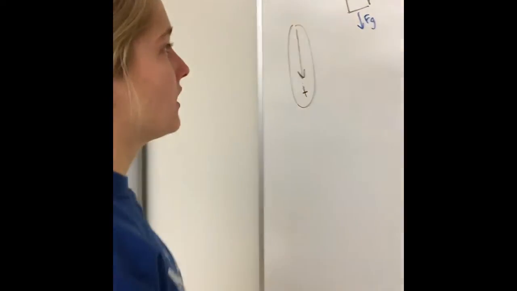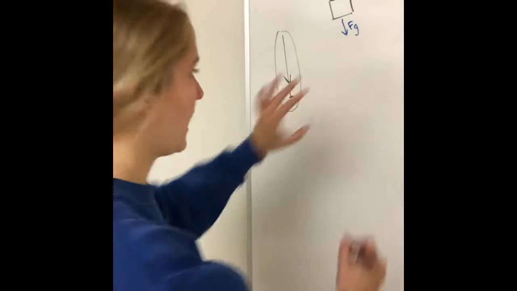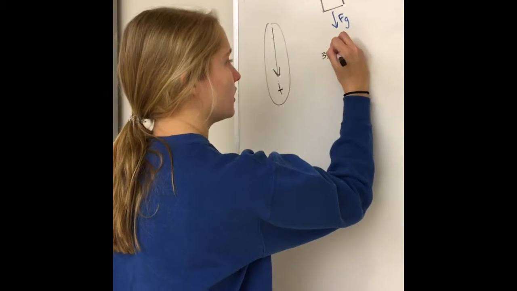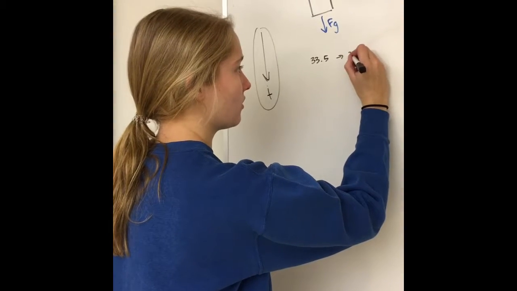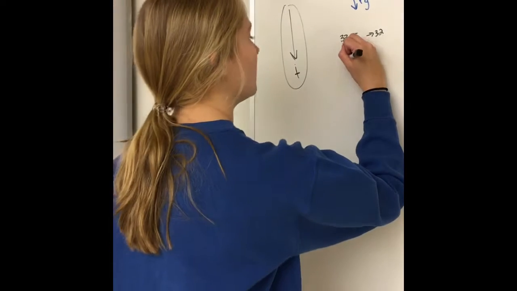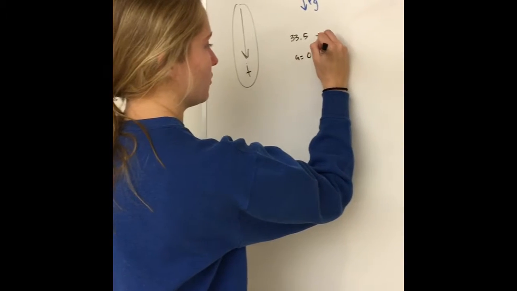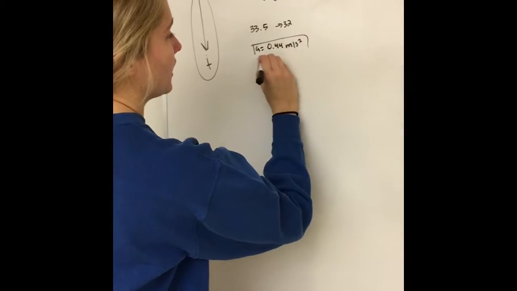So the magnitude of this, we had 33.5 was the original, and then we had to go to 32, and acceleration was 0.44. That's what we got for our end result.